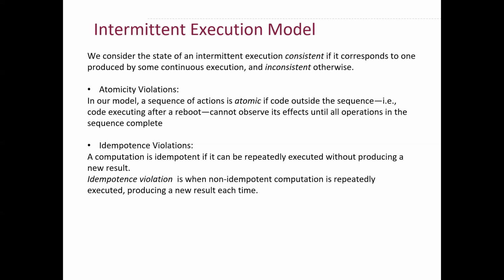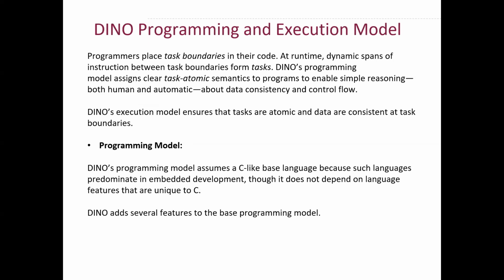An intermittent execution manifests an idempotence violation when it executes non-idempotent code, reboots, and resumes executing at a checkpoint and re-executes the non-idempotent code. So in short, if your code is giving you different outputs every time you run it, then it's not idempotent, and that's basically an idempotence violation, which is shunned upon in intermittent execution model.